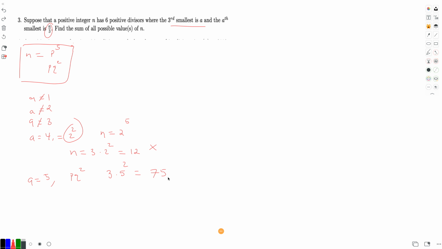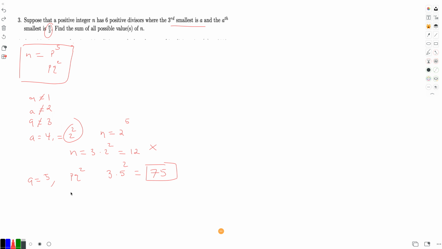Let's see if this works. The third smallest is 5. That's indeed true because we have 1, 3, and then 5. And then the fifth smallest is n over 3, which is 25. So the second to largest is 25, which is indeed true because it goes 75 and then 25. So this number satisfies.